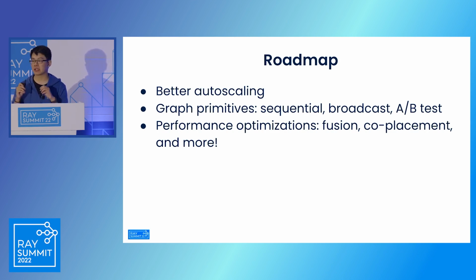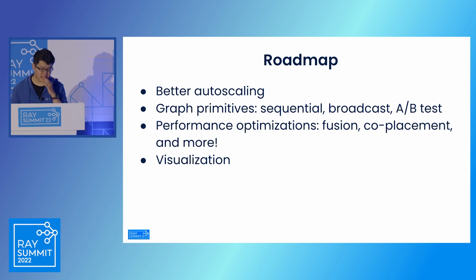For example, if we want to combine the preprocessor and the downloader together, we would immediately avoid a copy, or we want to scale out things differently or co-place things to optimize both the downloading network bandwidth as well as the resource, CPU, and memory utilization. And we're also actively working on visualizing the graph to help you understand what's happening in the application.